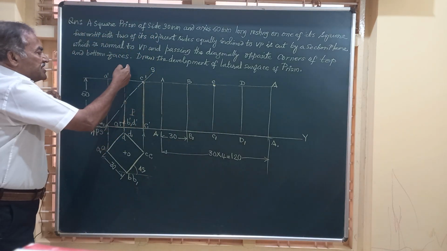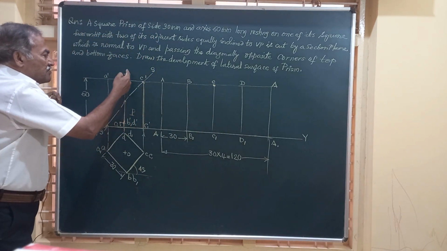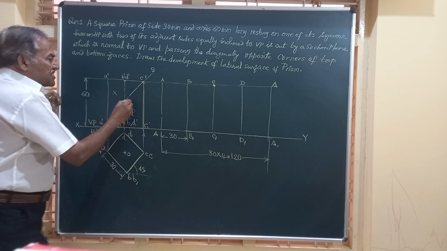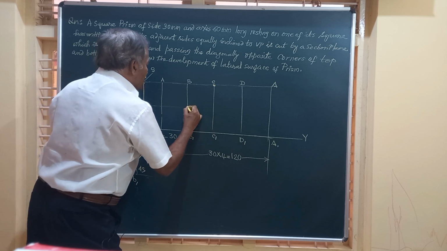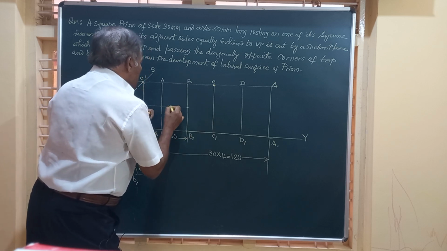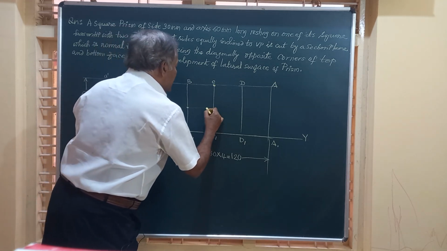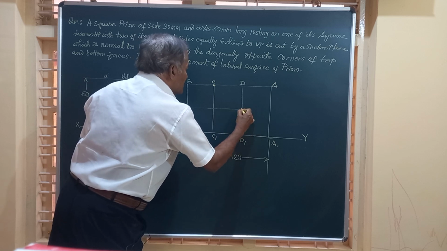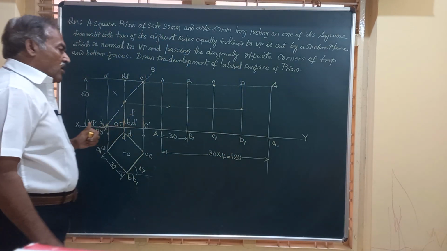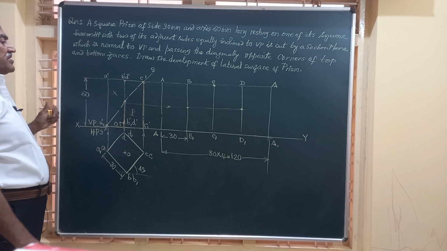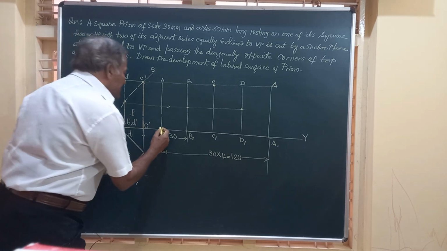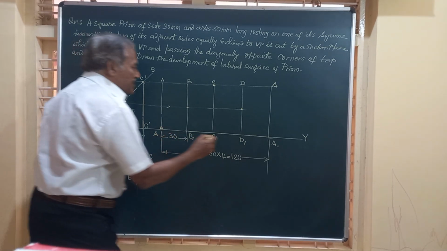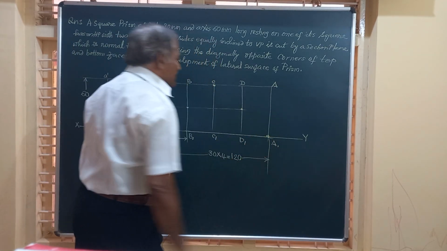Then it is cutting the vertical edges BB and DD at this point. So I draw a horizontal line through BB and then till DD. So these are the 2 points we get on the vertical lines BB and DD. Finally, it is passing through A1 of the bottom face. This is the bottom face A1 and this is A1.